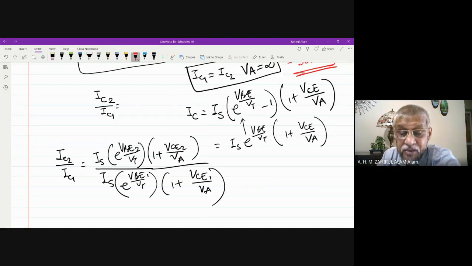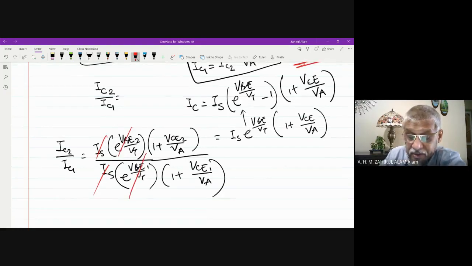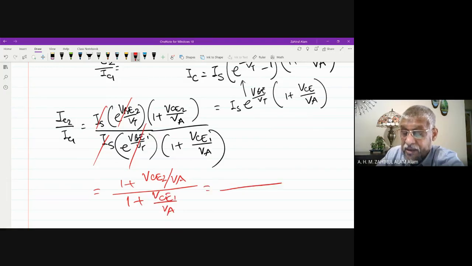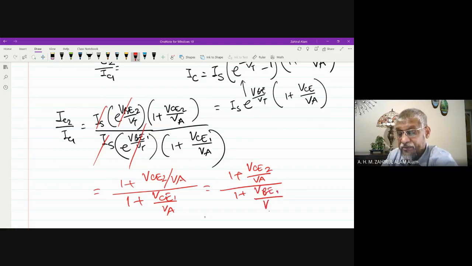Since these two transistors are identical, the saturation currents are the same, and as I mentioned, VBE1 is equal to VBE2, so this quantity cancels. Now we have 1 plus VCE2 divided by VA over 1 plus VCE1 divided by VA.